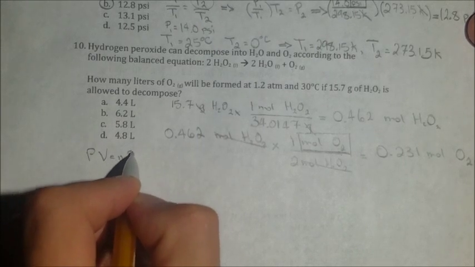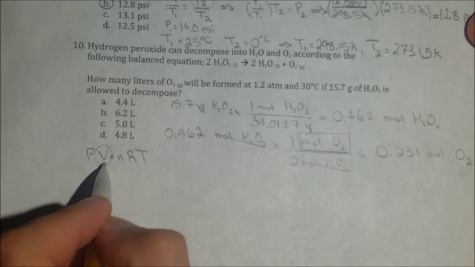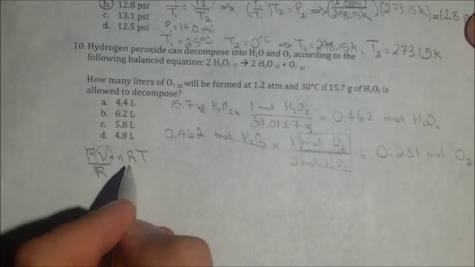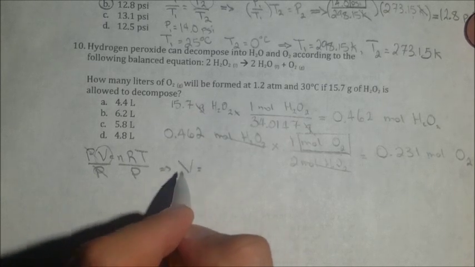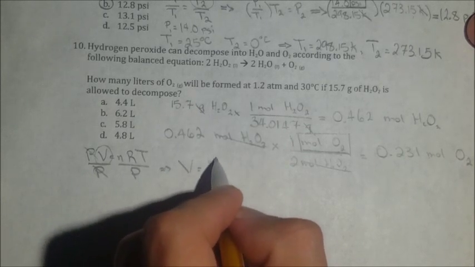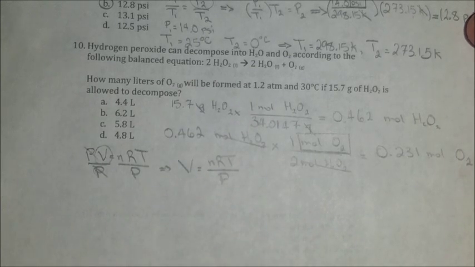PV equals nRT. And now we want to solve for volume, so we divide both sides by P. So the volume equals number of moles times the universal gas constant times the temperature divided by the pressure. So we have everything we need now.